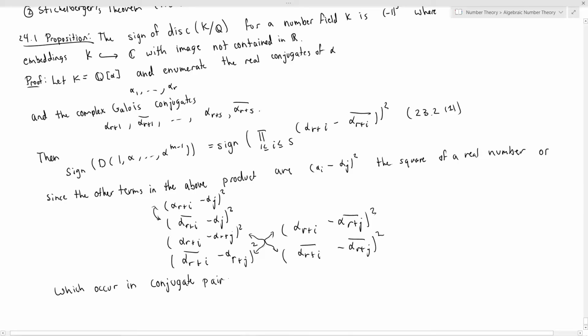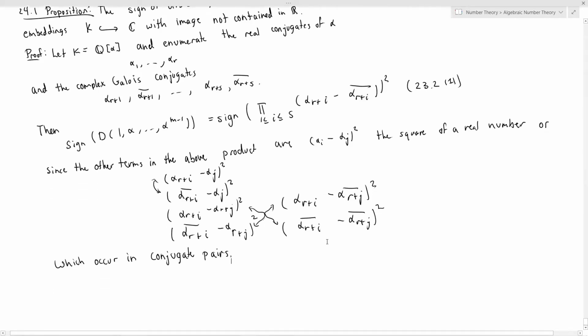Okay. Notice this is going to differ by the square of some rational number from the actual discriminant of our number field.